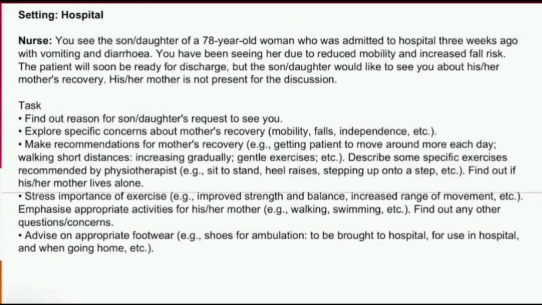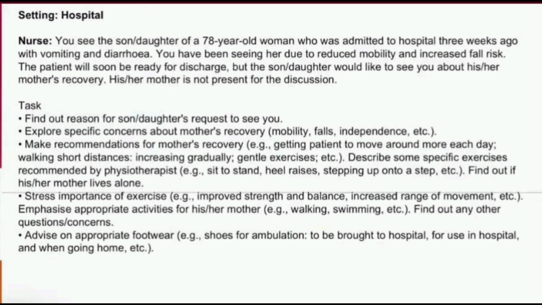So we can say here that I would like to tell you specific exercises that were recommended by the physiotherapist, like sit to stand. First make your mother sit and after that stand. Again next it will be sit and then stand. So like this you have to help your mother. And next is heel raises.